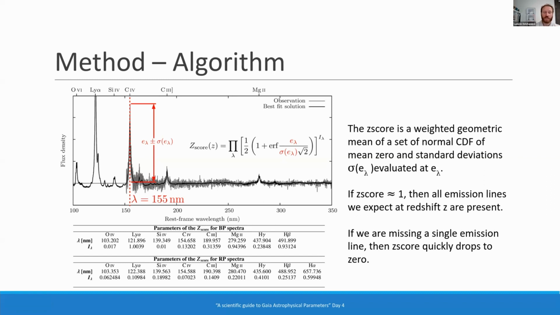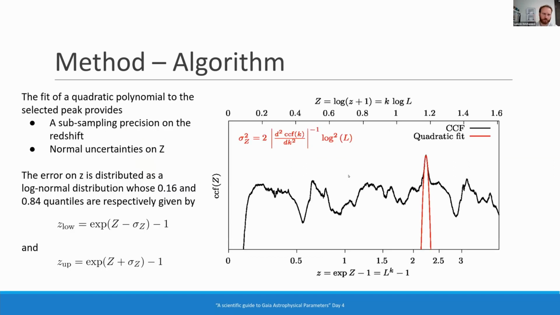While if we are missing a single emission line, then the z-score will quickly drop to 0, because this is a geometric mean. So this value is very important, just to see if we are efficiently recovering the emission lines.